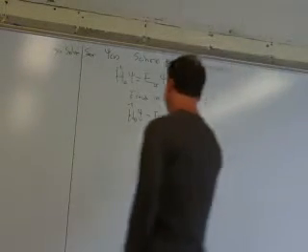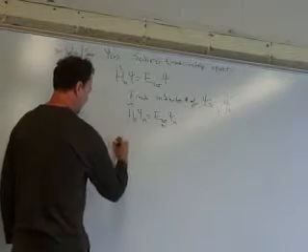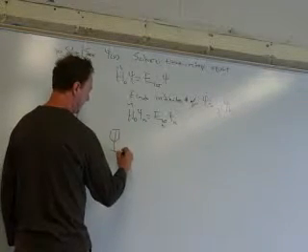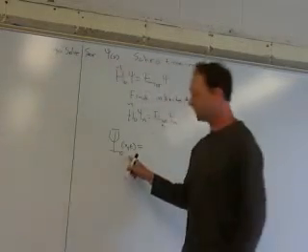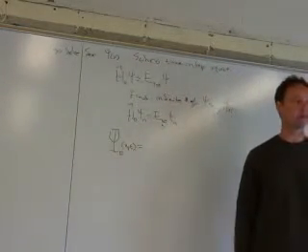All right? So there's a lot of them. And then we're going to say, what is psi n of x and t equal to? So this is the total psi for n.